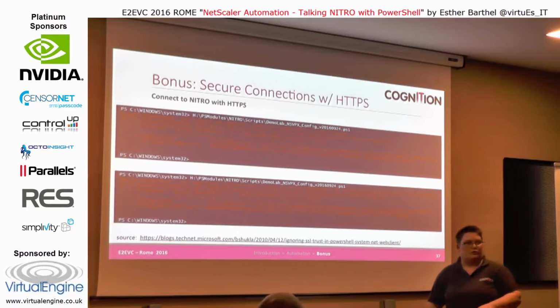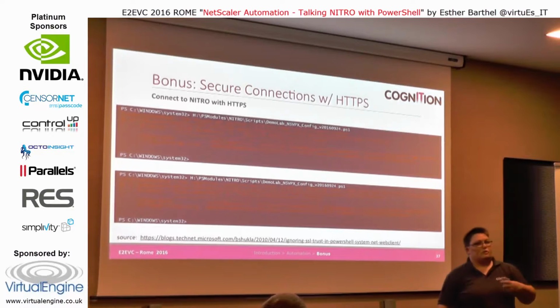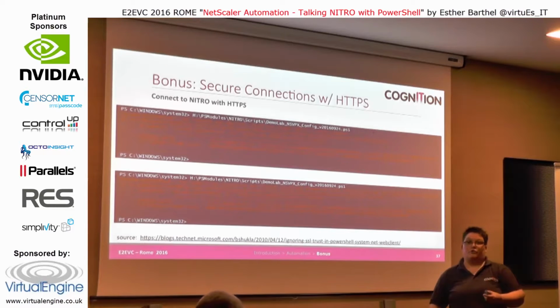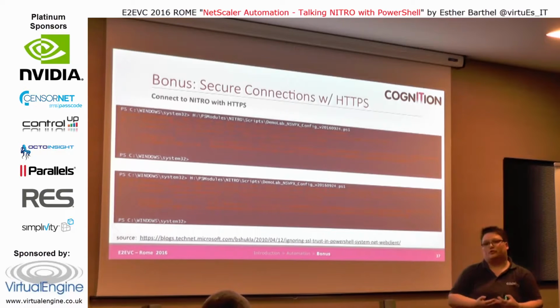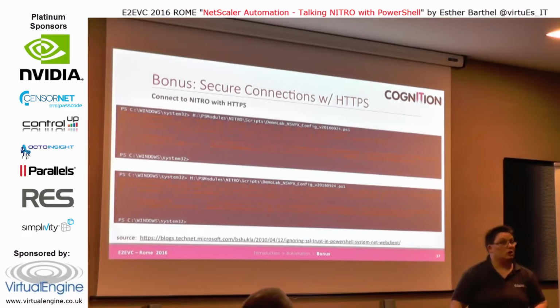Somehow I got all these errors, and then I had to Google it, and I realized that the standard NetScaler has a SHA-1 certificate on it, and that's not trusted by even most browsers nowadays, but it's definitely not trusted by PowerShell because it has a conflict, because that certificate is not existing on your client devices.